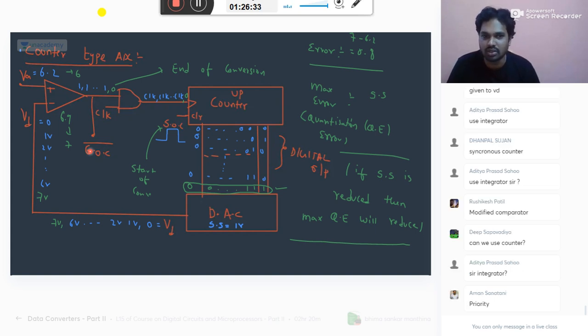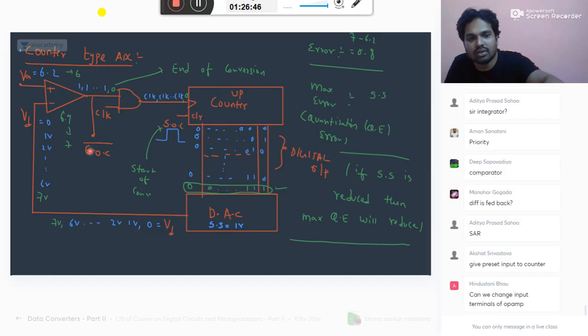No, what do you do with the integrator? Wait, let me give you one circuit. You tell me whether it will do it or not.